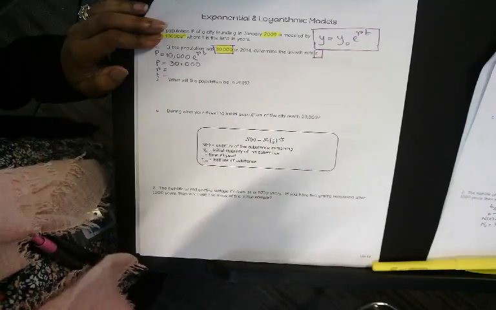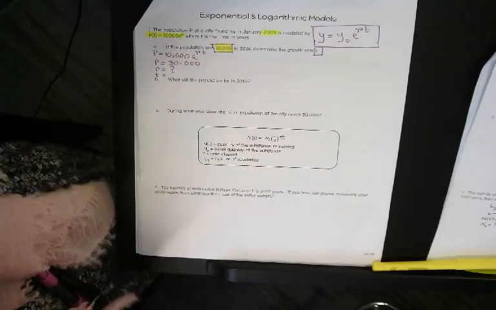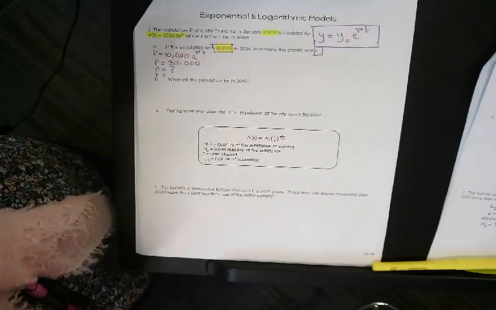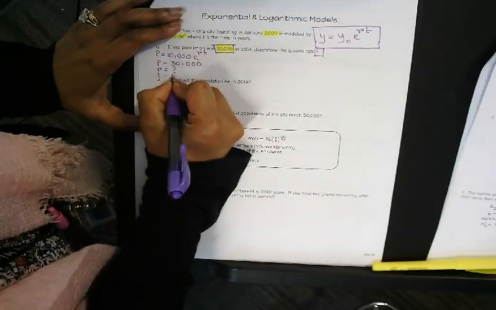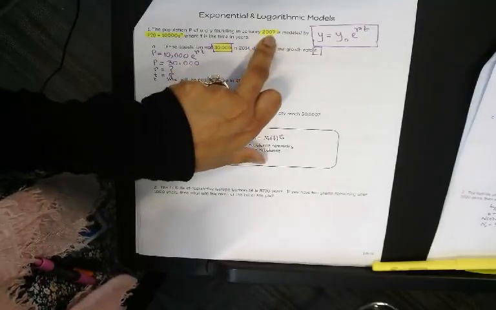What is given? We're trying to find it, so let's put a question mark over here. I don't know it; I'm trying to find it. What will be my t value? The city was founded in 2009 and we're calculating the population at 2014, so it's 5 years from there.